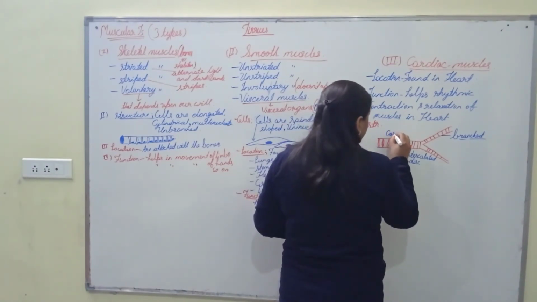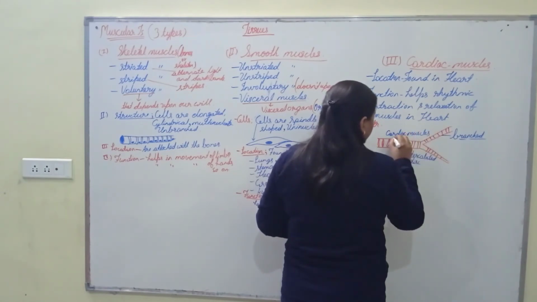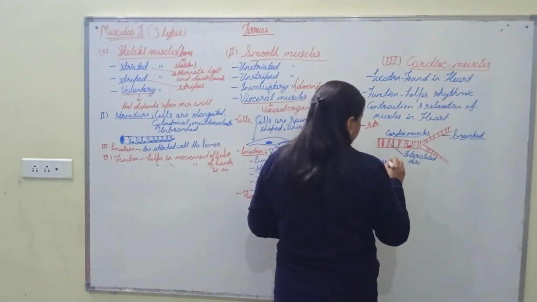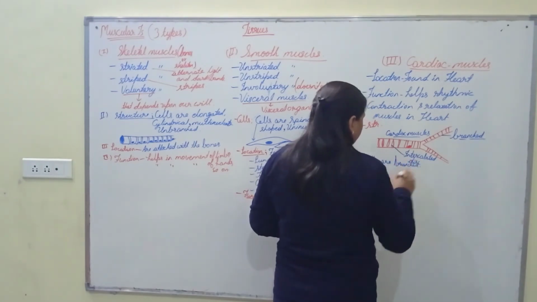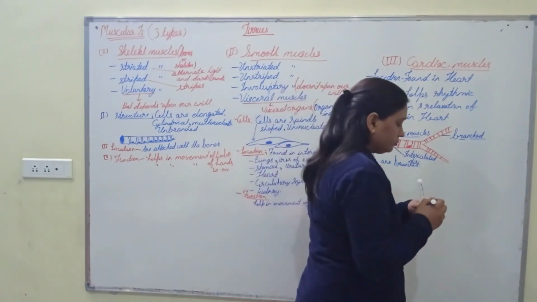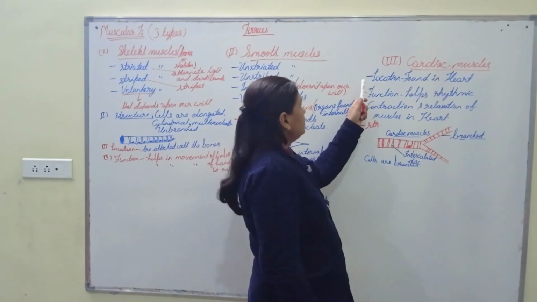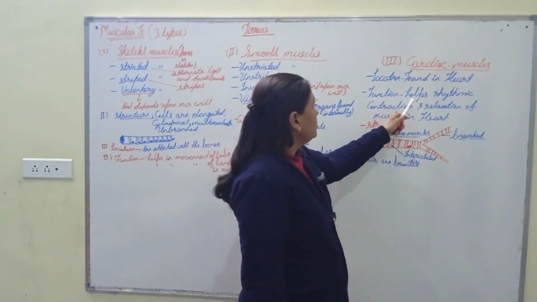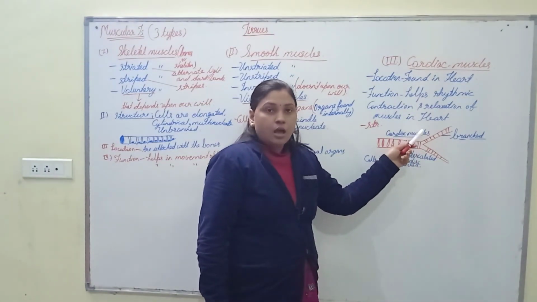Structure of cardiac muscles: cells are branched and have intercalated discs. So this is the cardiac muscle. Its location is the heart, and its function is that it helps in the rhythmic contraction and relaxation of muscles inside the heart.